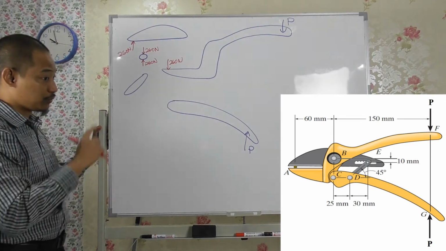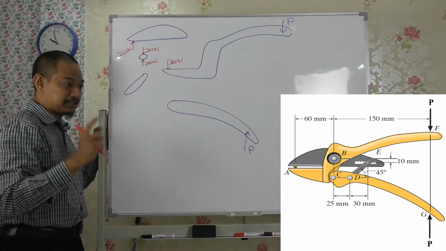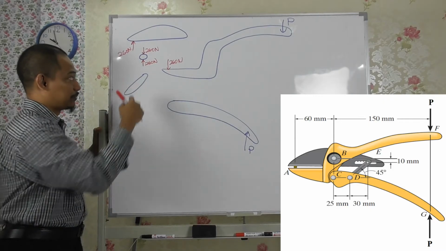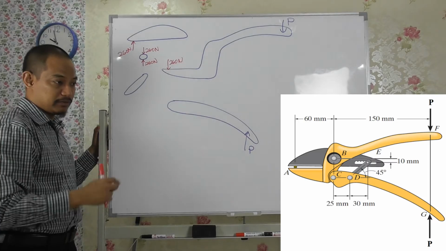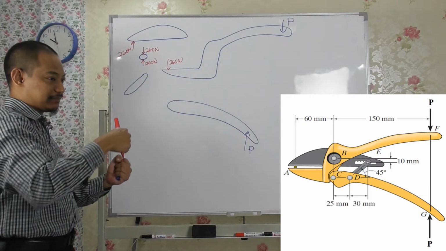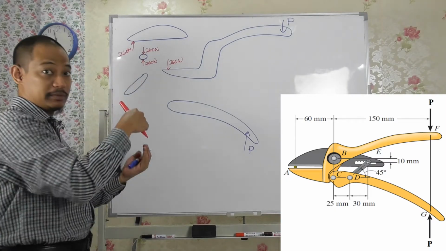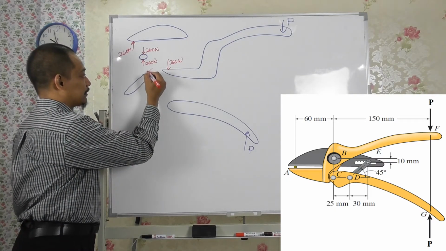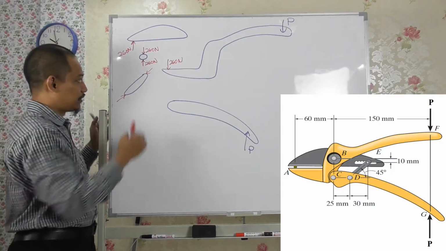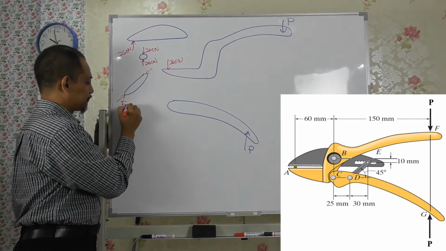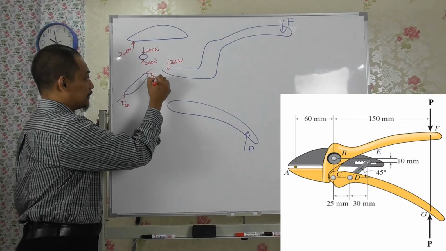All right, so you actually have two force members here, right? DE, this is a two force member, and from the mechanism you can understand that this must be in compression because it's being compressed in the middle there, right? So if this is under compression, and we label it FDE, for example, DE.